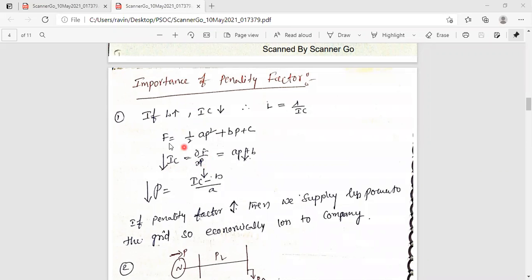Yes, incremental fuel cost is nothing but the differentiation of your fuel cost equation, dF by dP. So this is what a differential change is: 1/2 into A constant, P square, into 2 into P, 2 and 2 get cancelled, AP only plus B only.